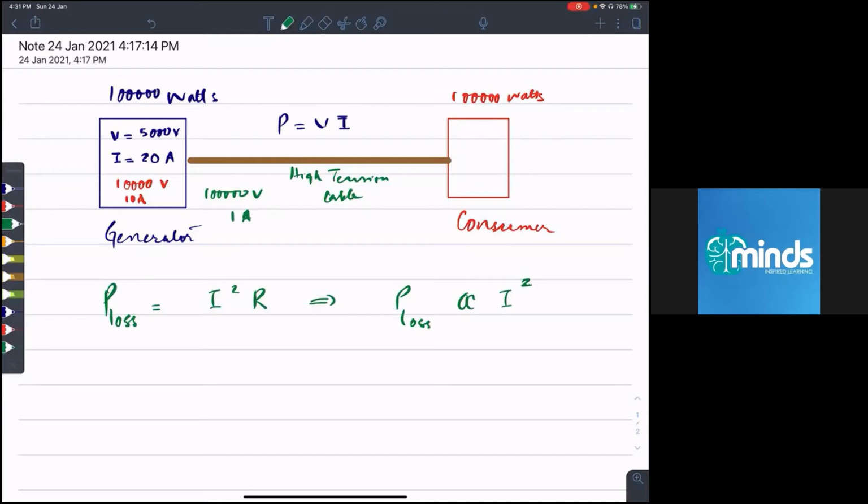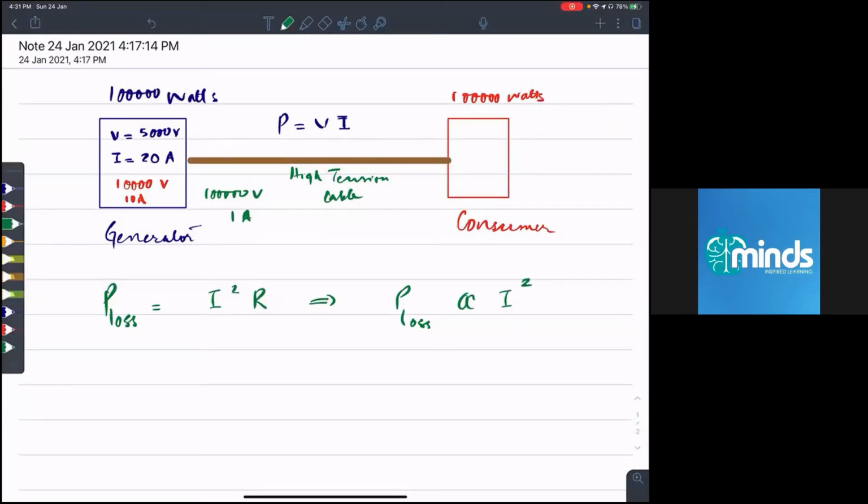And 2 or 3 years back, you needed at least 2 to 3 hours to charge a battery. Why? Because we are using fast chargers these days. But what is most important, no matter what, that fast charger will be using 9 volt or 12 volt only, but our socket provides 240 volts. So we need to decrease the value of potential difference at the consumer end.